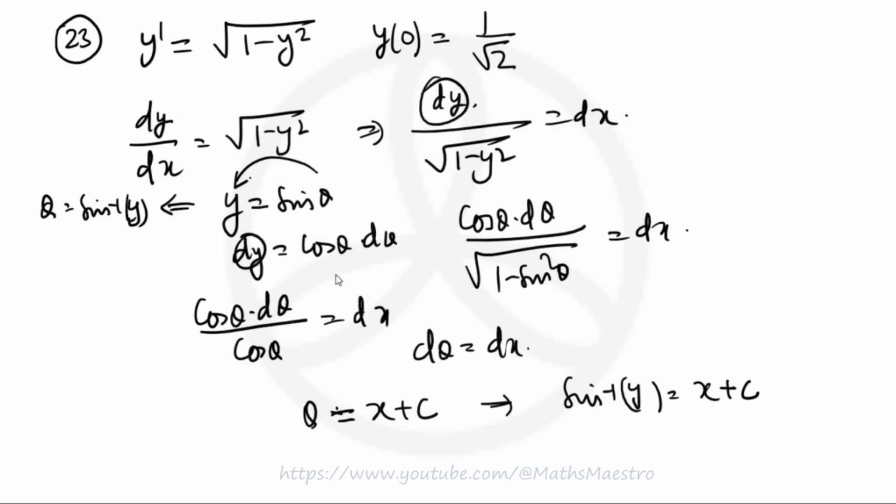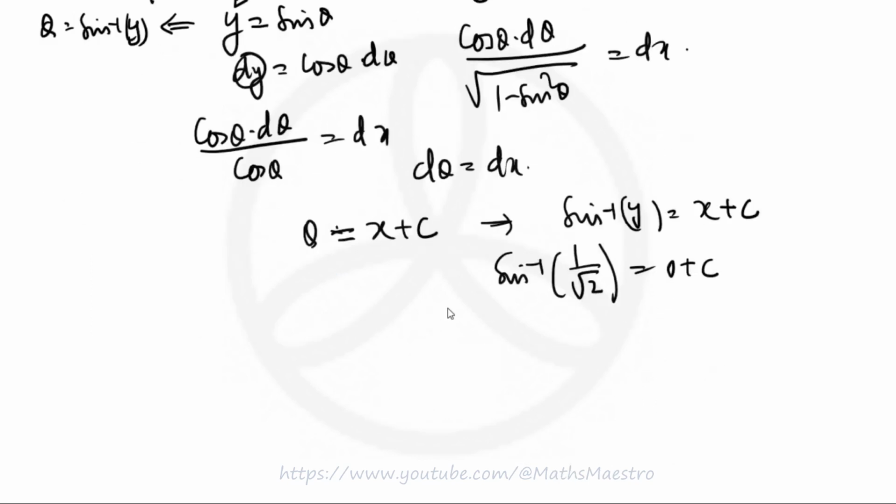Now, it says that the value of y at x is equal to 0 is this much. So I'll put sine inverse of 1 divided by square root of 2, and x will be 0 plus c.